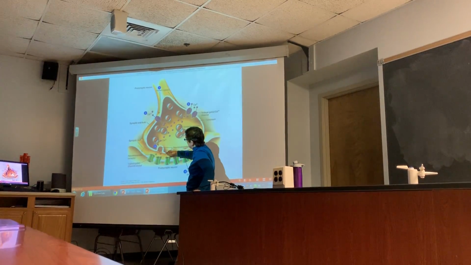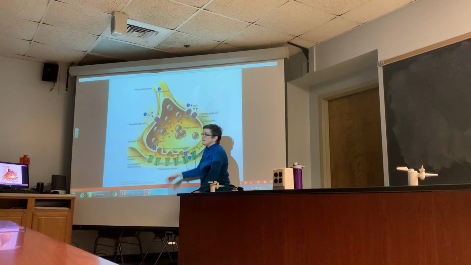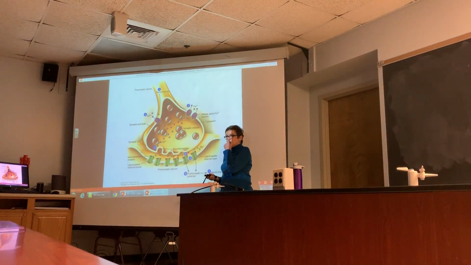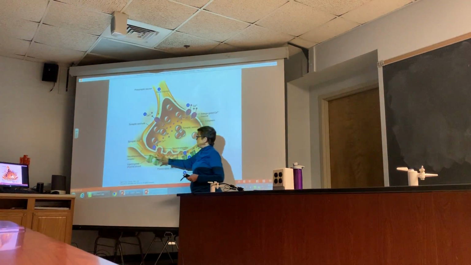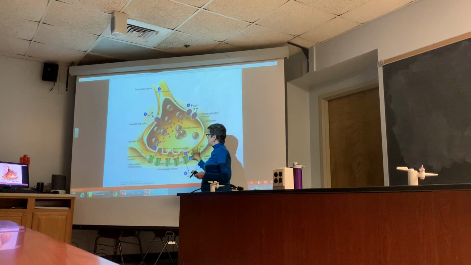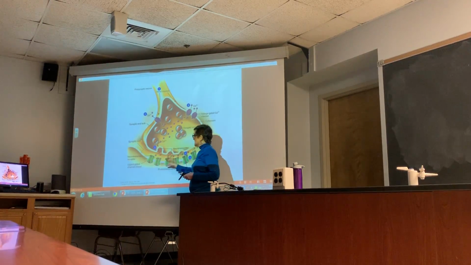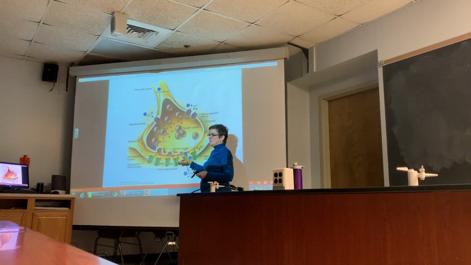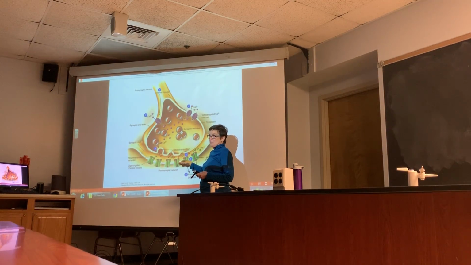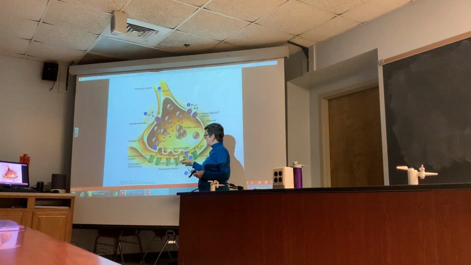So here it is fusing and releasing the neurotransmitter by exocytosis into the fluid-filled synaptic cleft, which is a tiny space between the synaptic end bulb and the postsynaptic membrane, the membrane of that second neuron.